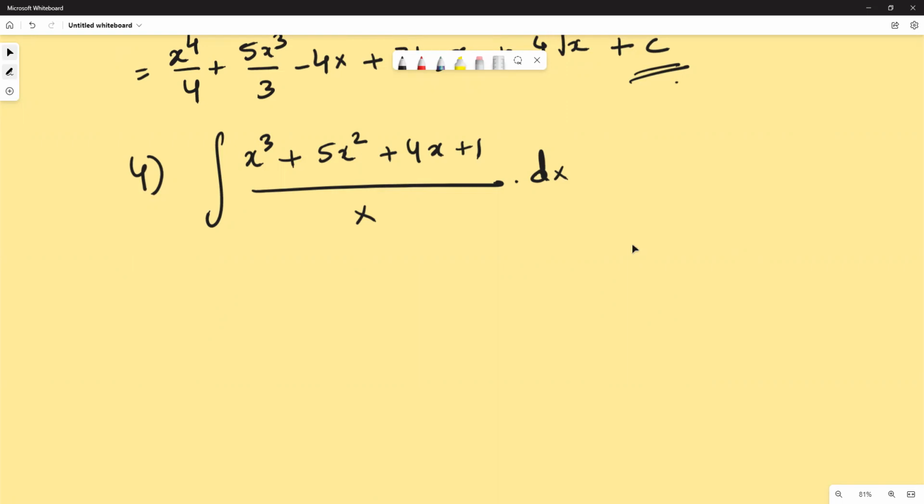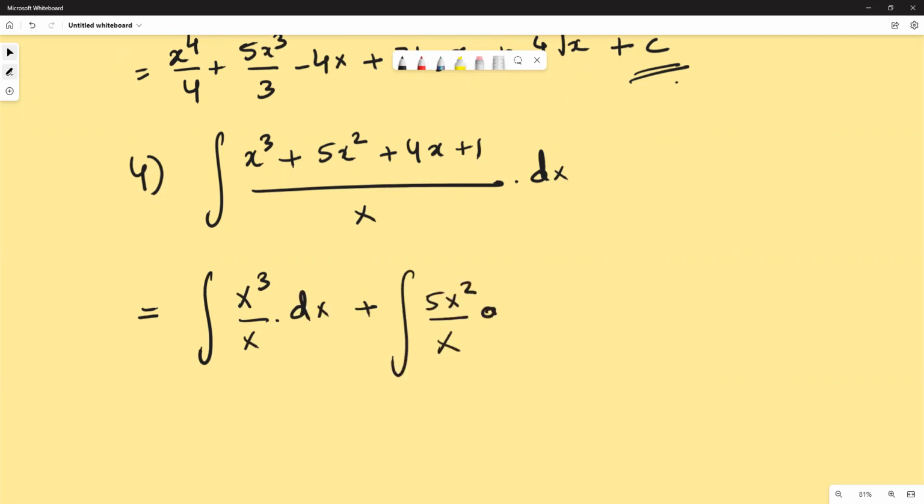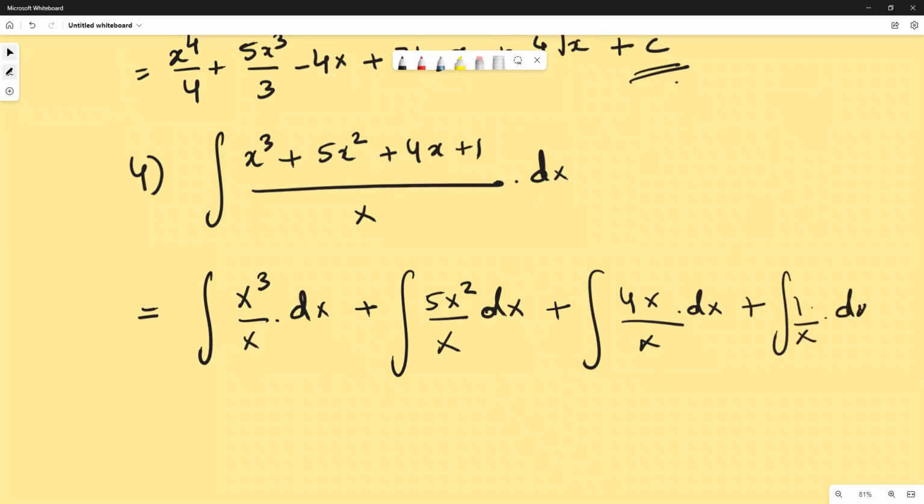Well, you might have guessed the solution. We are again going to separate these entities, the terms. So integral x cubed by x dx plus integral 5x squared by x dx plus integral 4x by x dx plus integral 1 by x dx.